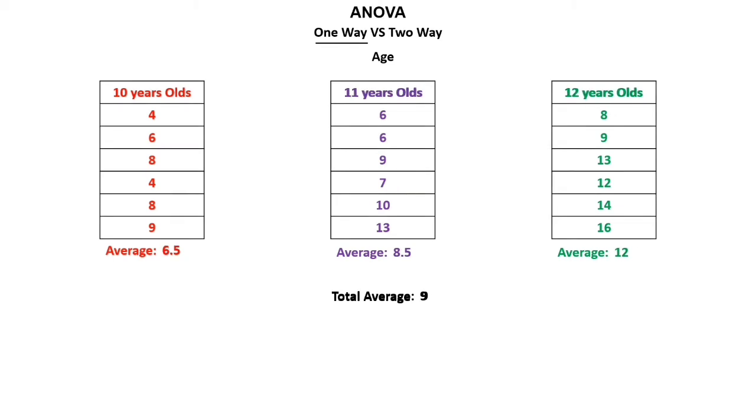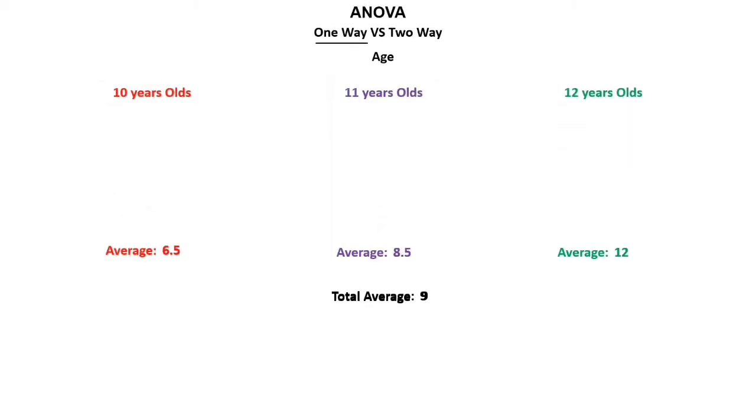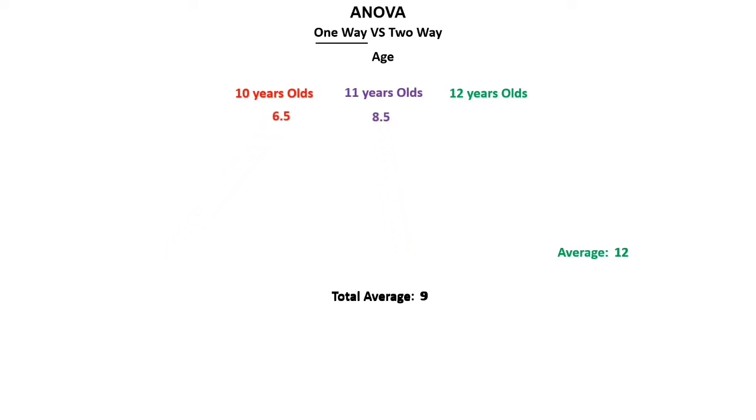Then I will take all the averages and form a table of averages. So I end up with one row and it's all average by age.